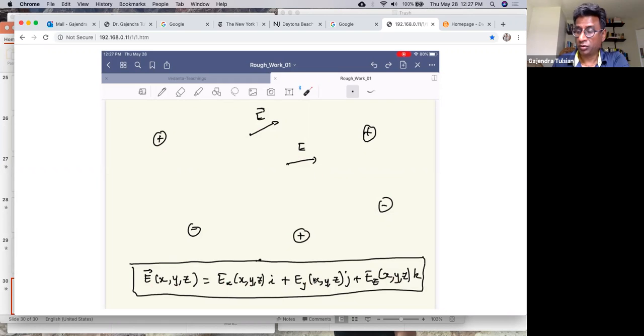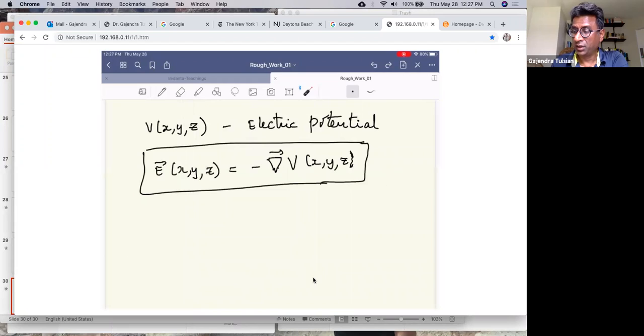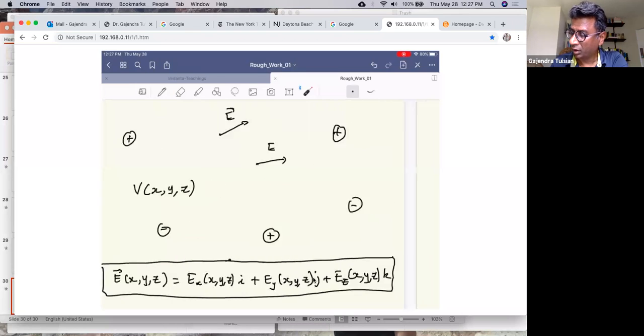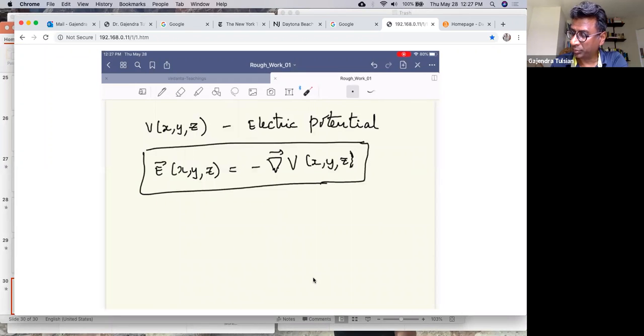Okay. So in this chapter, what we learned was, instead, if you can specify just the scalar function, something called electric potential, instead of specifying these three functions, all you need to do is specify V(x, y, z) in this region. If you specify that function, from this scalar electric potential, you can take the gradient of that electric potential, that will give you the electric field.